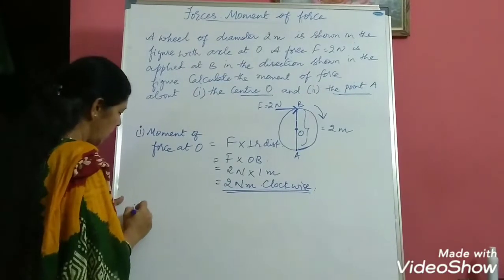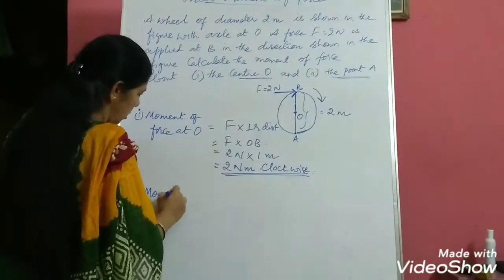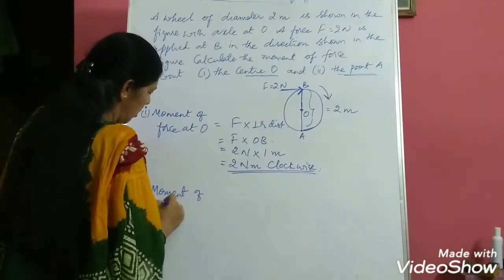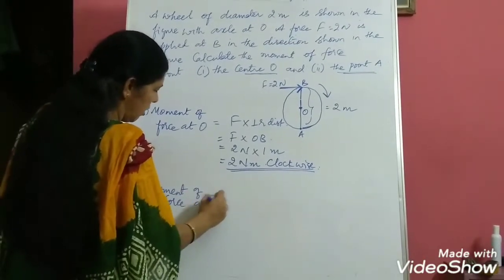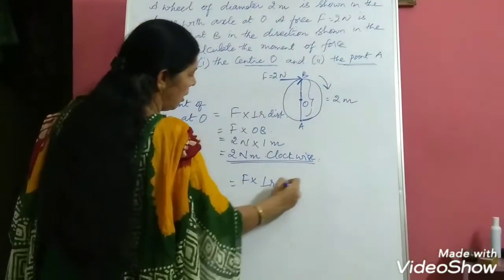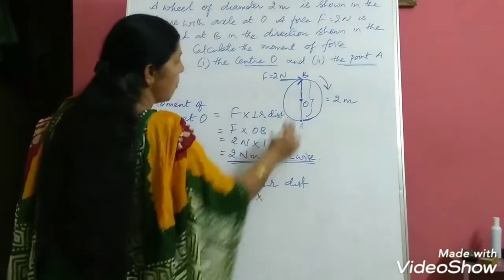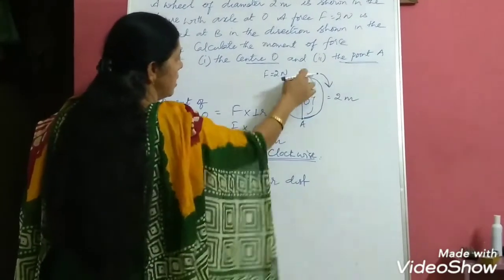Now, second question, we need to calculate the moment of force at A. Again use the formula, force into perpendicular distance. The perpendicular distance from A is AB.